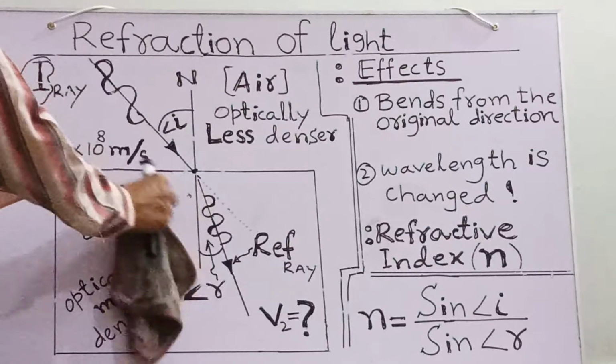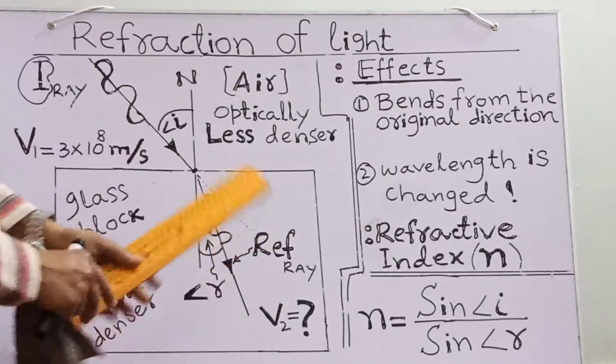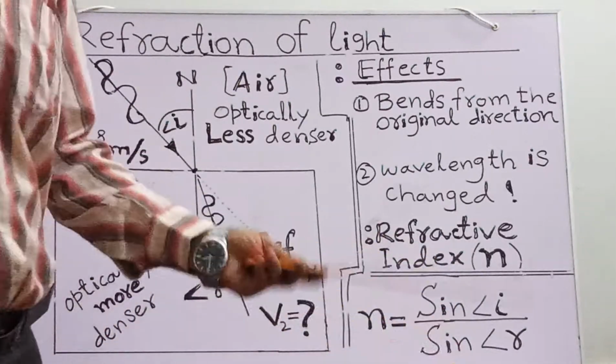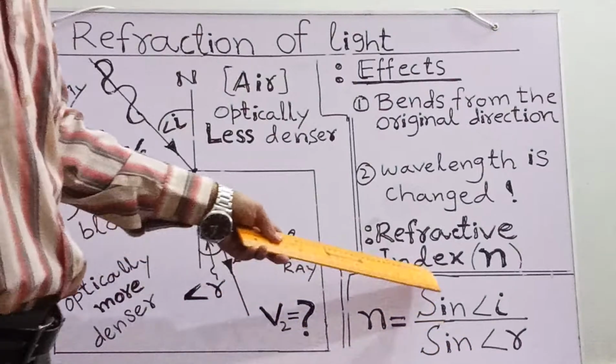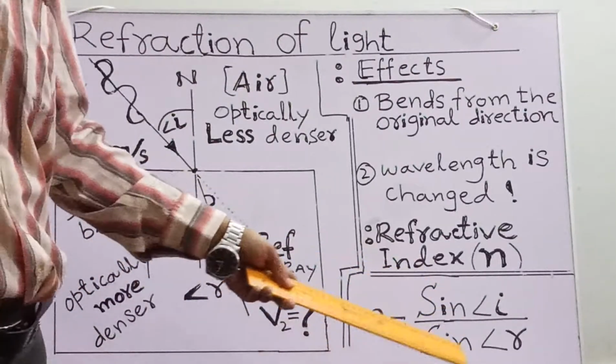Now how do we calculate the refractive index of any material? We find the sine. This is SIN, meaning the sine function, which is discussed in trigonometry.